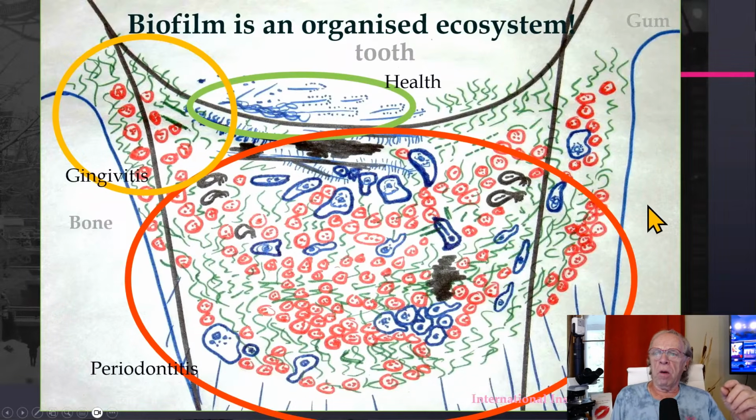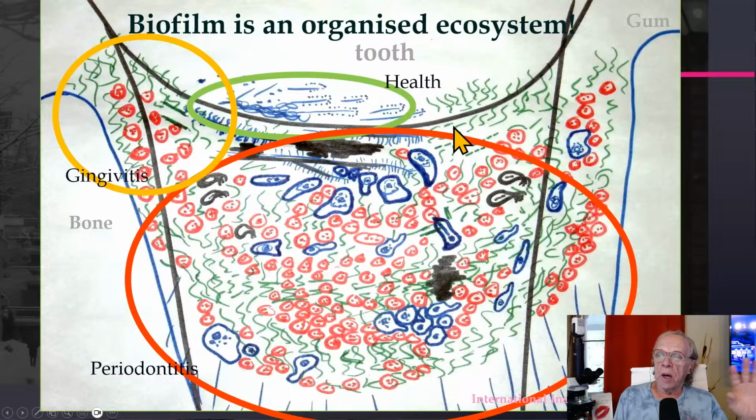Okay, so biofilm is really organized. This is a little drawing I made during my seminars. If you want to look, here is the crown, deep area. But when you are in health, you only have dots and lines, cocci and filaments, bacteria.